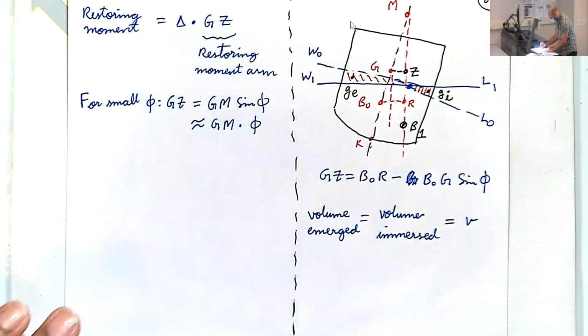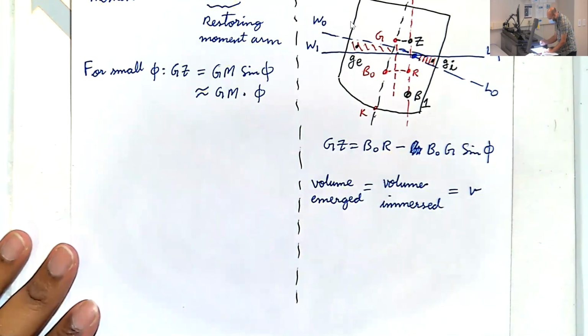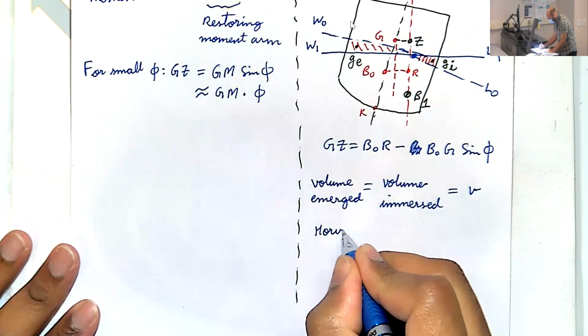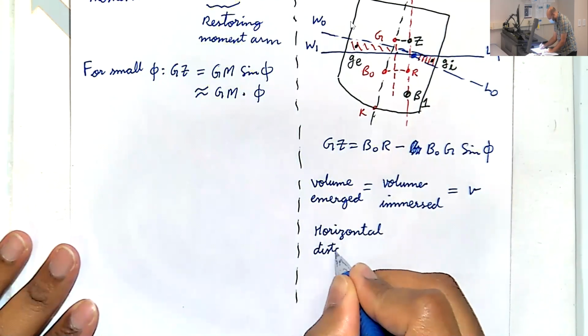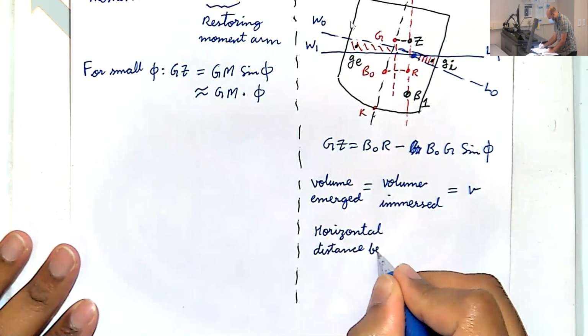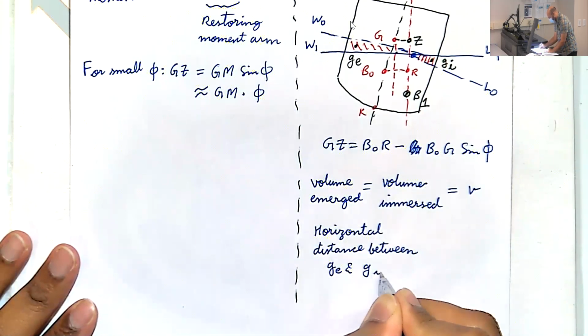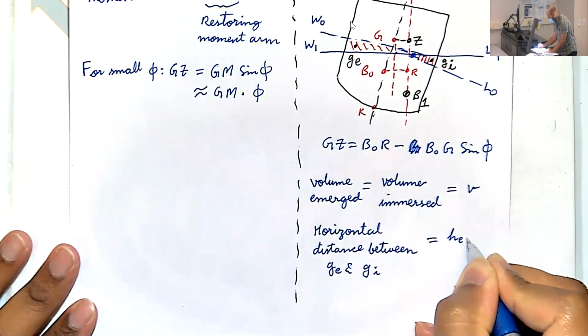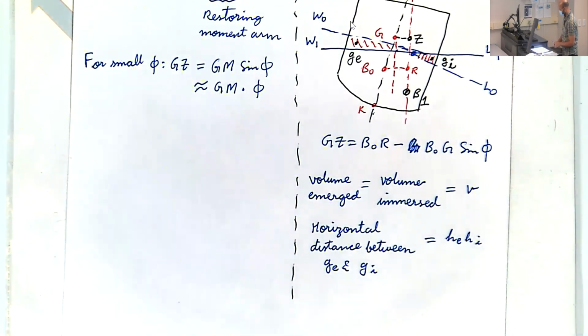And let's also call the horizontal distance between GE and GI, HEHI. We're giving symbols to these things because we'll use them in something called Atwood's formula.